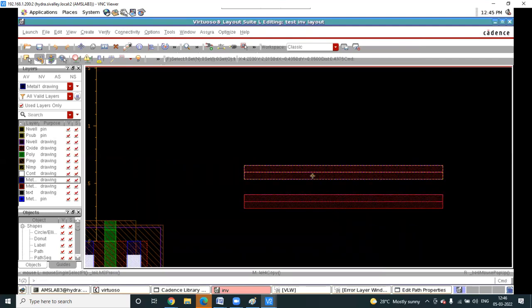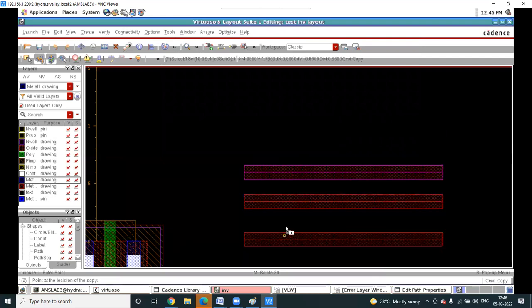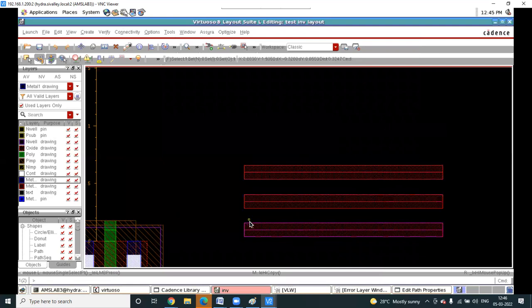Top or bottom you will draw the same metal, but M1 and M2. Which is the below metal? M1, and the next higher metal is M3.